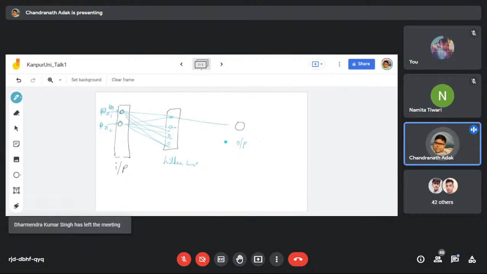Here we are classifying apples versus oranges, so we will have two classes. This will denote the apple class, and this will denote the orange class. These are also connected. So this is one basic architecture of a neural network.